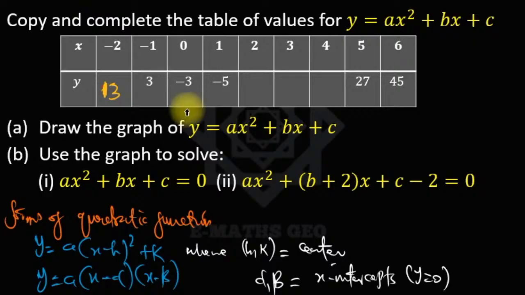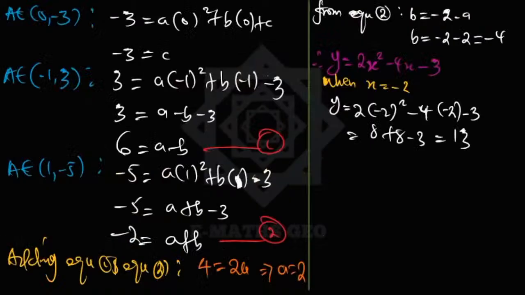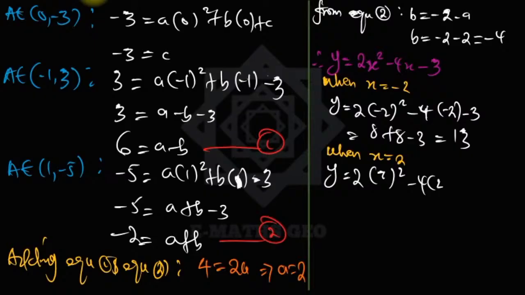So for the other one, when x is 2, let's get y. So when x is 2, y is 2 times 2 squared minus 4 times 2 minus 3.